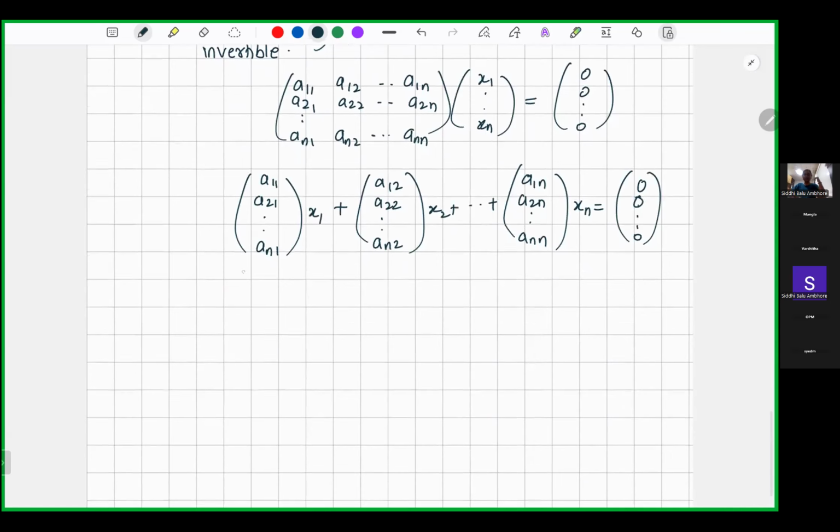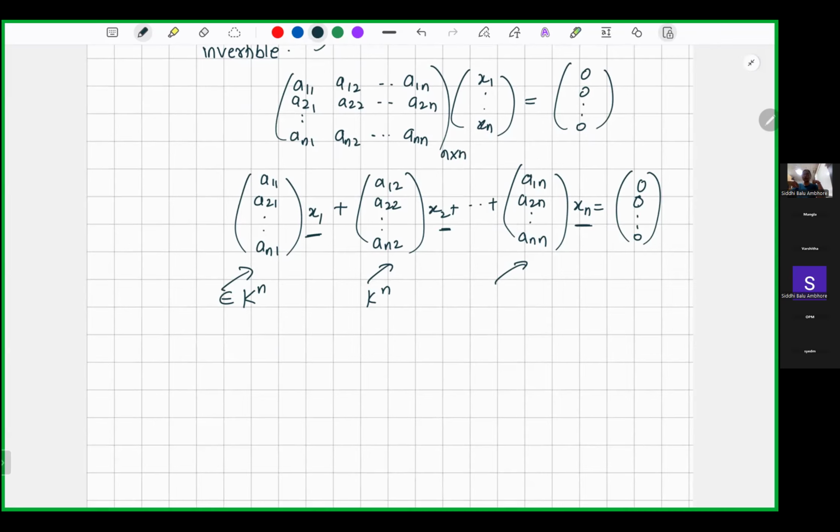Then if I consider these to be elements from Kn, since I'm talking about an n cross n matrix, this becomes n vectors in the space Kn. And now I'm talking about their linear independence or dependence.